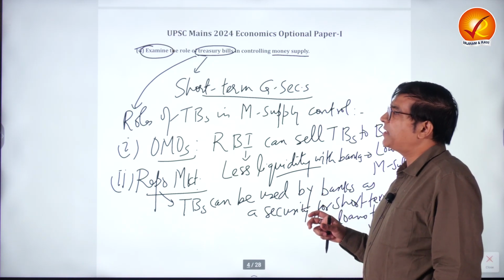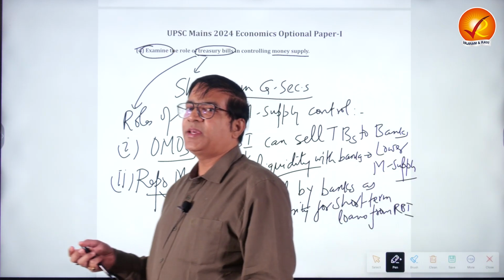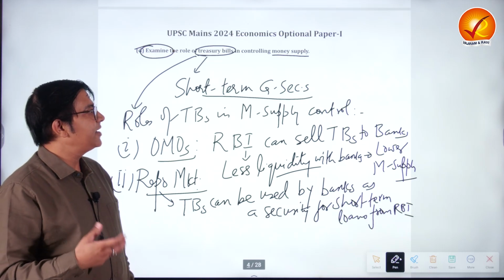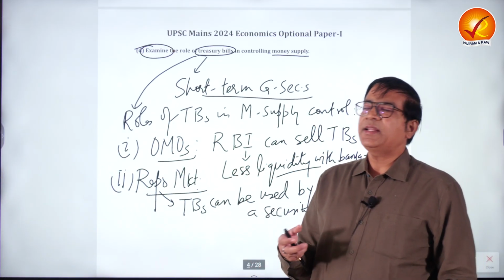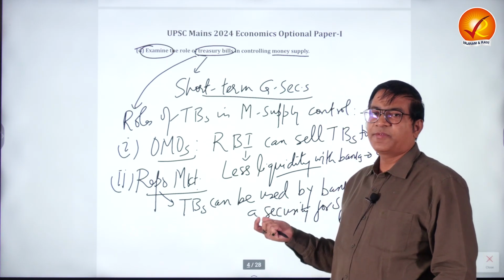treasury bills are fundamentally short term. Therefore, whatever impact we get will be in the shorter term only. Treasury bills have maturity of 91 days, 182 days, maximum 364 days. And that is why a longer term impact on money supply cannot be expected from there.